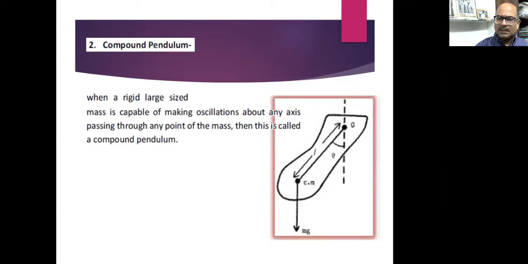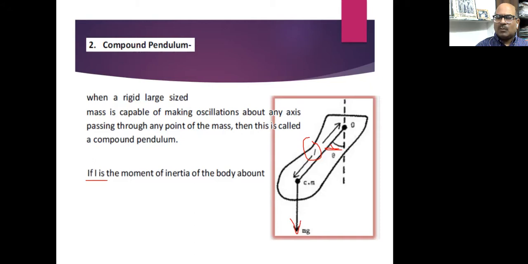It does not have any definite shape, but it can rotate around any axis passing through it. So a center of mass is available, the weight will be working downward, and the line joining the axis to the center of mass has distance L, and the angle is theta.